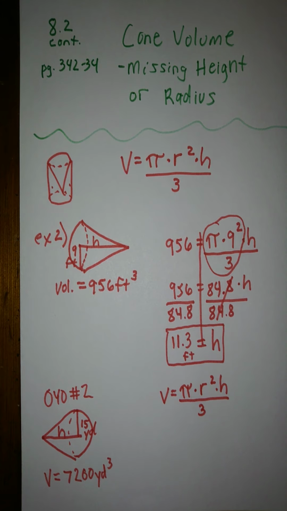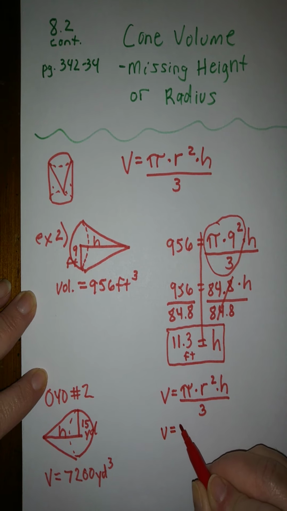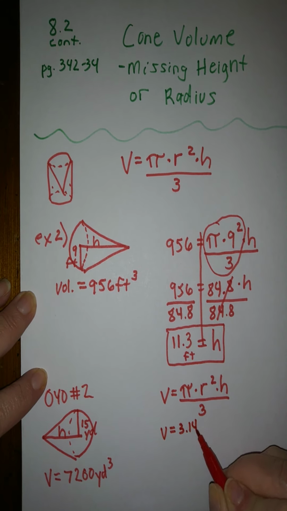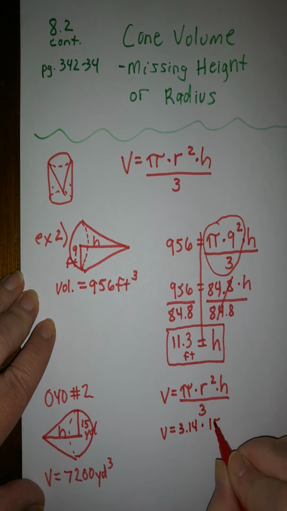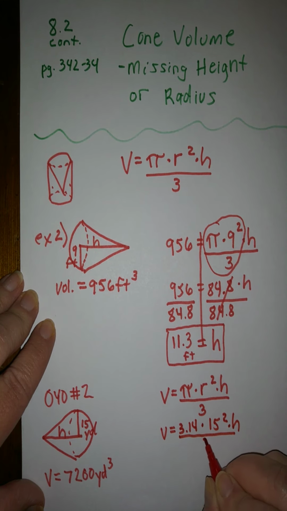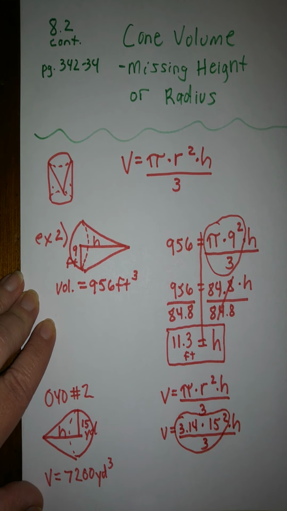All right, so hopefully you ended up with something that looks like this. V equals 3.14, or pi if you like writing this pi symbol, times 15 squared times h divided by 3. Now I can do this whole thing on my calculator. I can simplify.